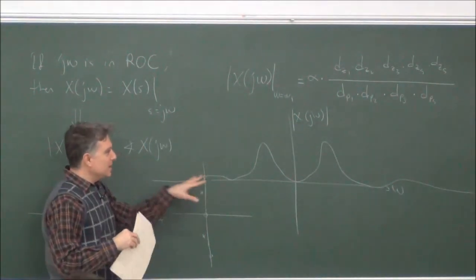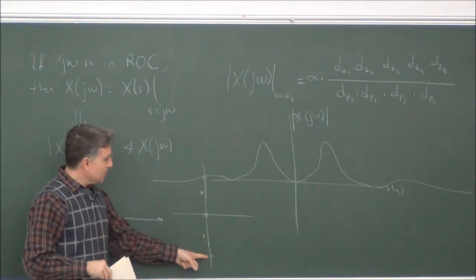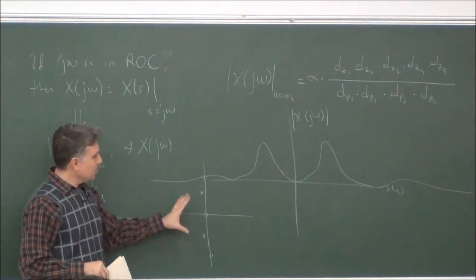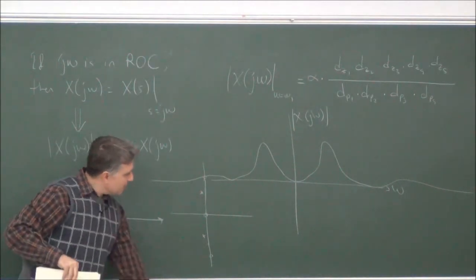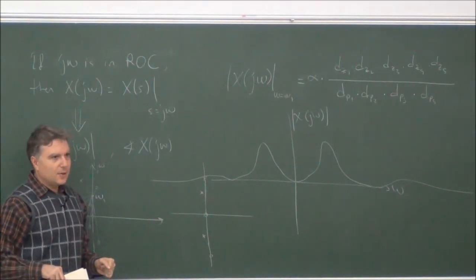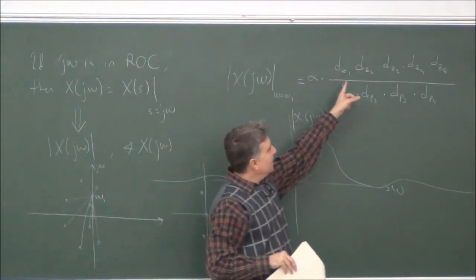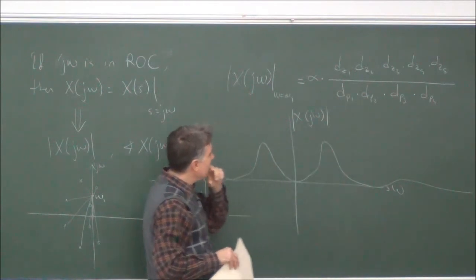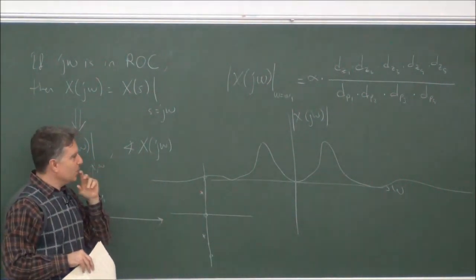Why are they decreasing back to 0? Because the number of zeros is more than the number of poles. If the number of zeros is more than the number of poles, as you extend to plus infinity or minus infinity along the frequency axis, the distances for, at the numerator, sorry, I'm doing just the opposite way.